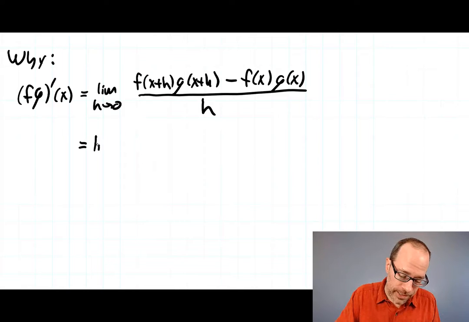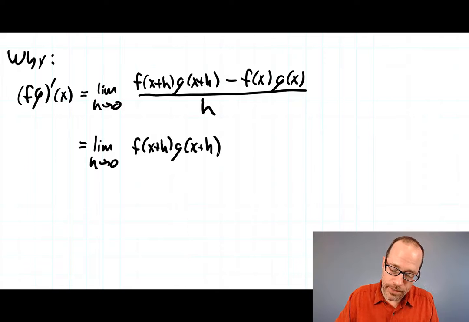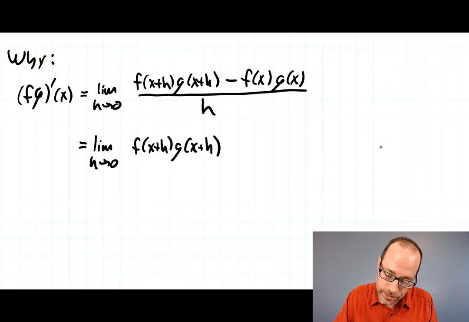So the trick is this. We're going to make it look a little more complicated at first. So copy again the f and g, both evaluated at x plus h. And we're also going to, well, here's where the trick is.